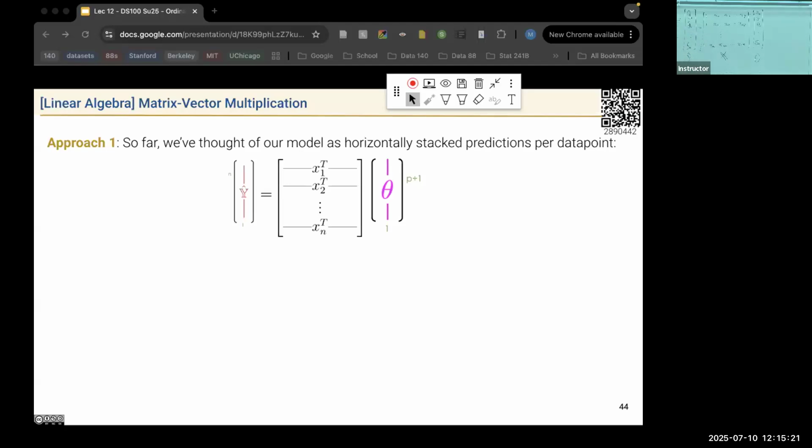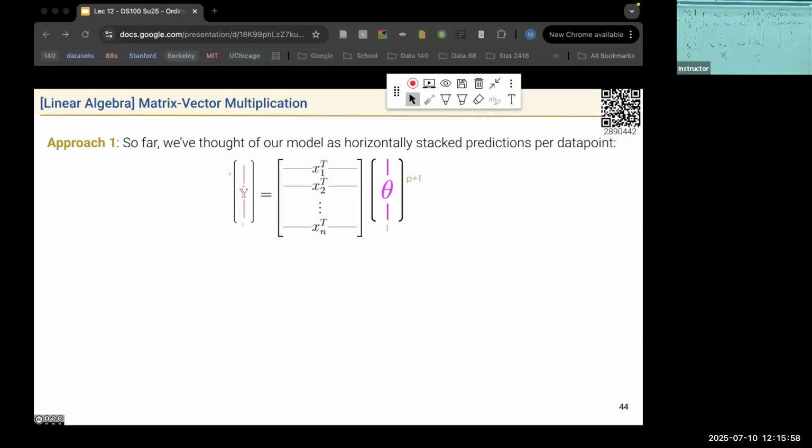So the first term is theta naught plus theta 1 x11 plus theta 2 x12 plus etc. And the second one is theta naught plus theta 1 x21 plus theta 2 x22 plus etc. So you see that the first term in each sum is always theta naught. The second term in each sum is always in terms of theta 1.